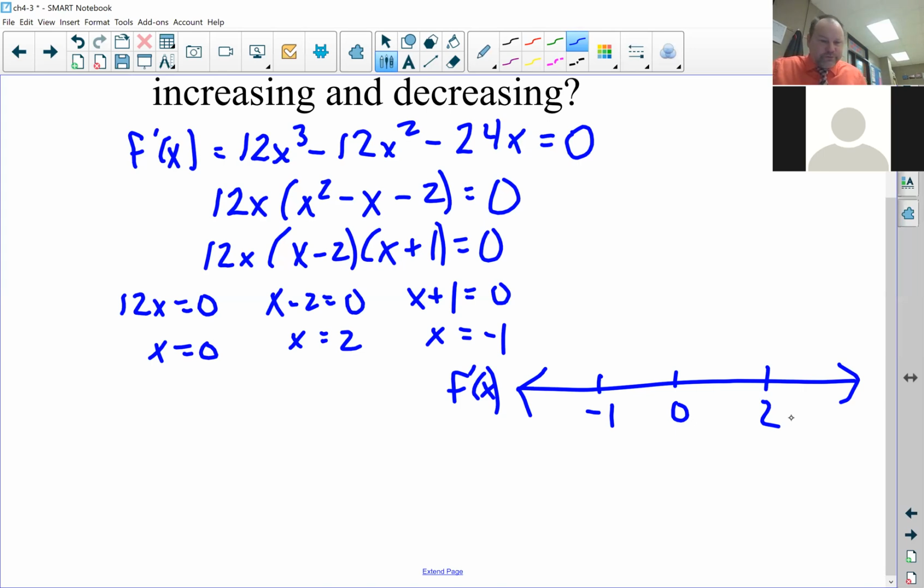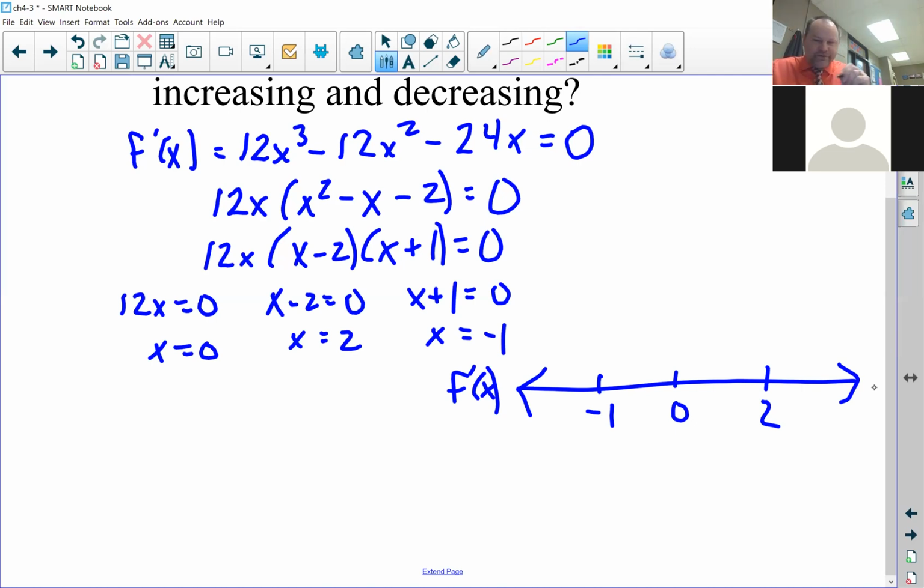And what I'm going to do is look at the intervals that those x values break my number line into. So I've got from negative infinity to -1, -1 to 0, 0 to 2, and 2 to positive infinity.